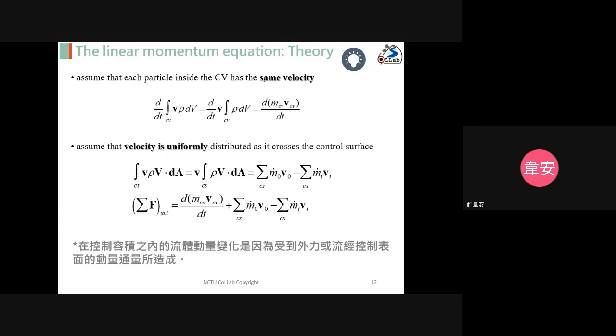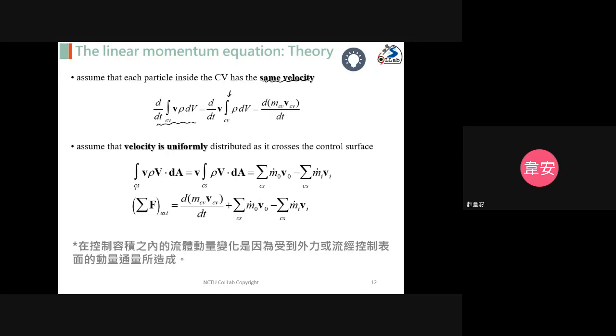This slide just points out the idea that if we consider each particle inside the control volume to have the same velocity, then in this formula we can take the velocity outside because it doesn't change in the control volume. So we can summarize our final formula as d(m_cv V_cv)/dt, and we don't have any integration operator because the velocity is constant in the control volume.